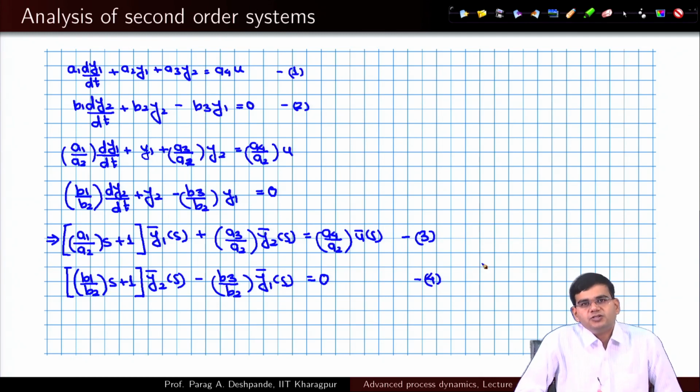Now, what do I need to solve for? My transfer function will involve two quantities.